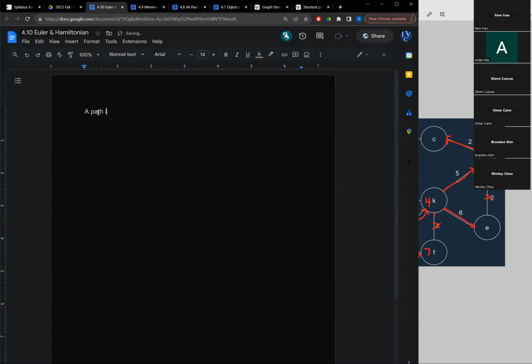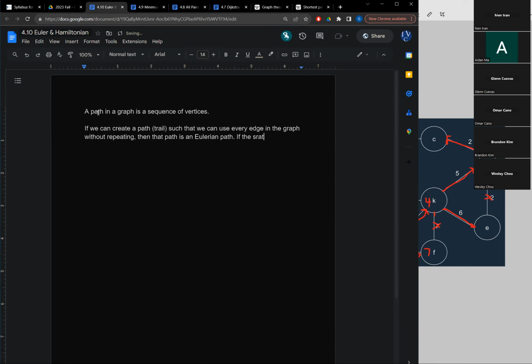All right, a path in a graph is a sequence of vertices. If we can create a path, also known as a trail, such that we can use every edge in the graph without repeating, then that path is an Eulerian path.